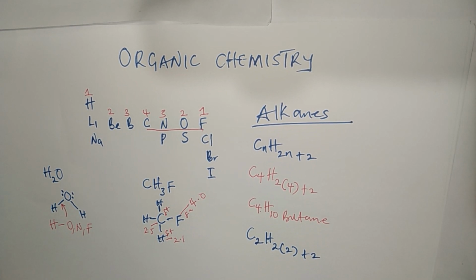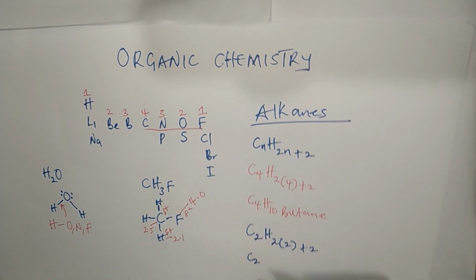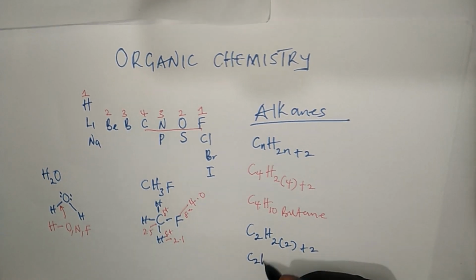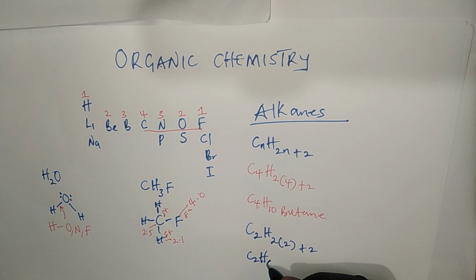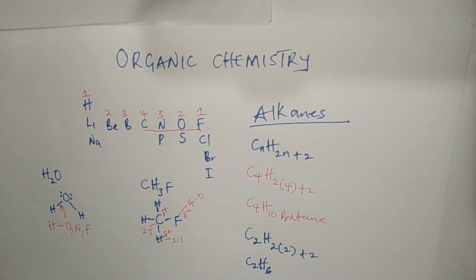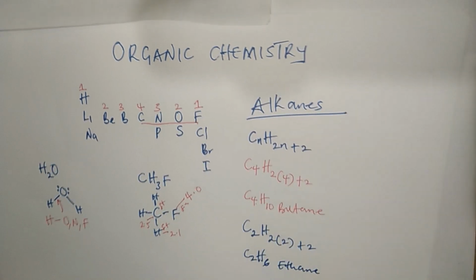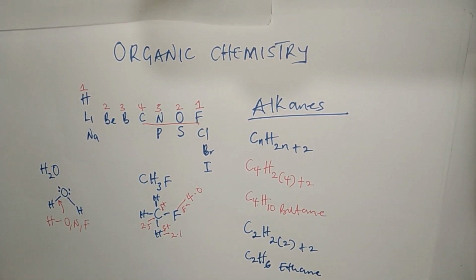Therefore, you have C2, and 2 times 2 is 4, plus 2 is 6, therefore you have H6. And this is known as ethane. So this is how you use the general formula of alkane to find the alkane series.